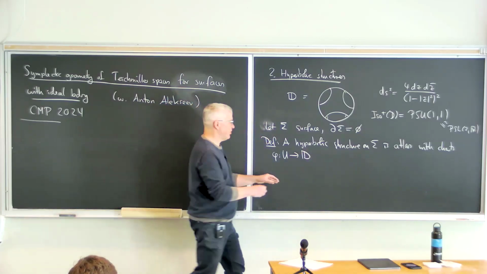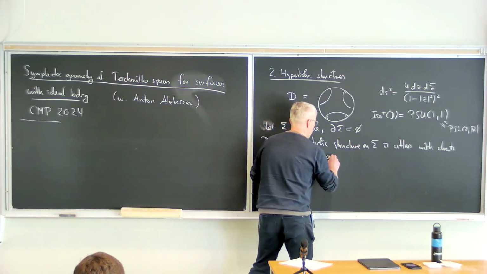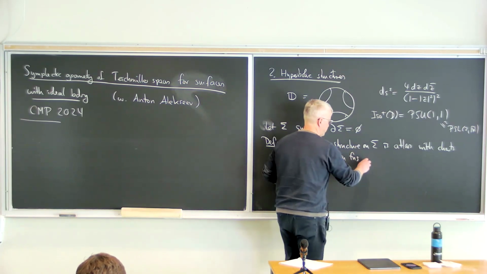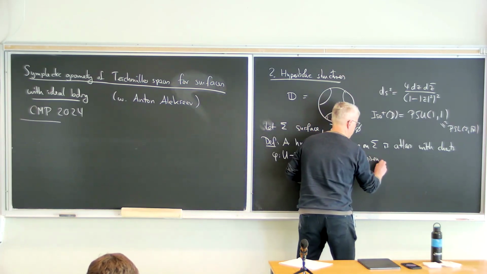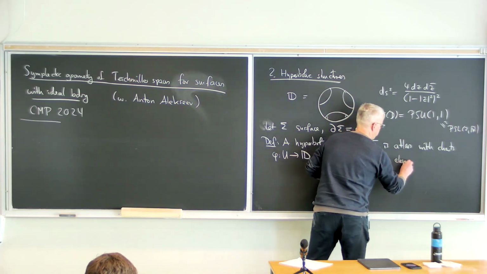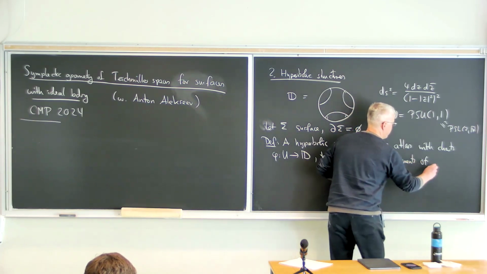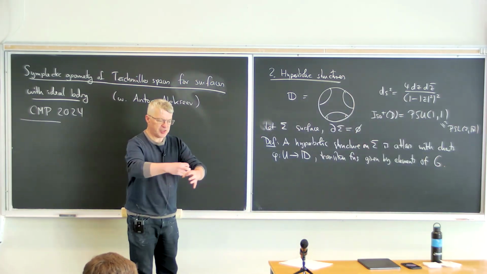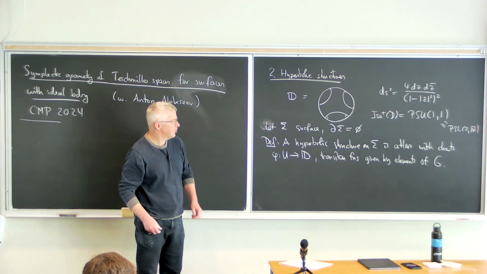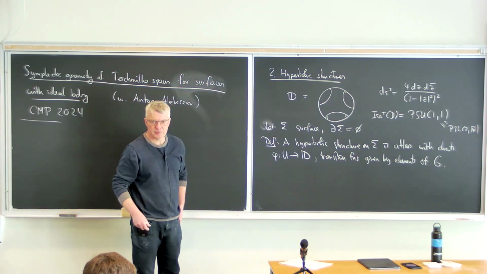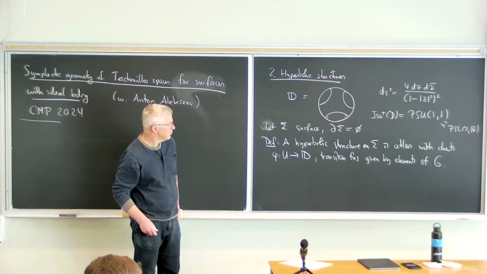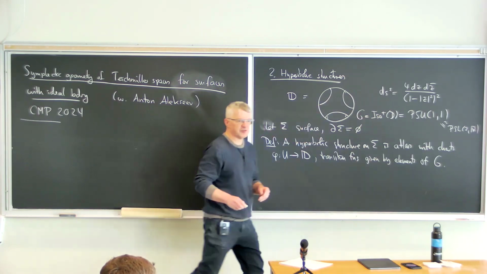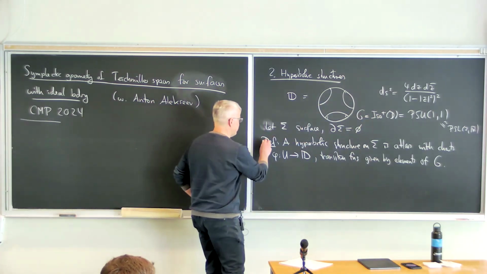So that's my model space, and transition functions between two such charts given by elements of this G. So I'm gluing these charts together with projective transformations. This is the G of isometries, and from now on I just use the notation G. Yeah, that's right. So that's the definition.